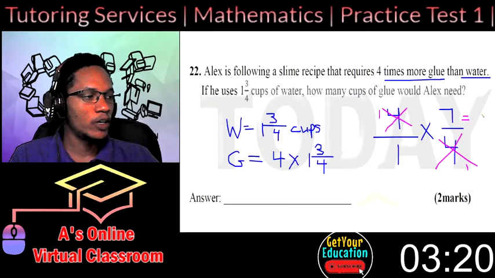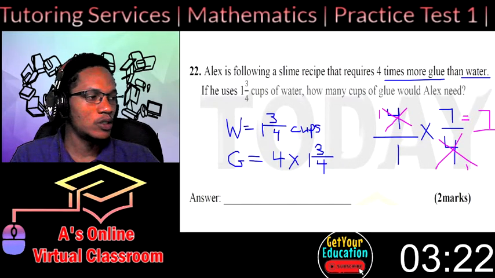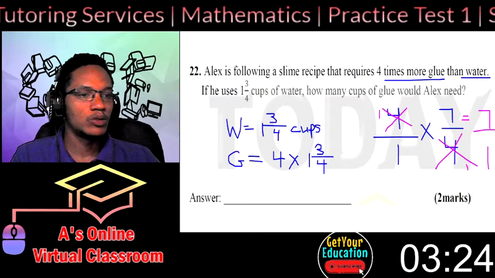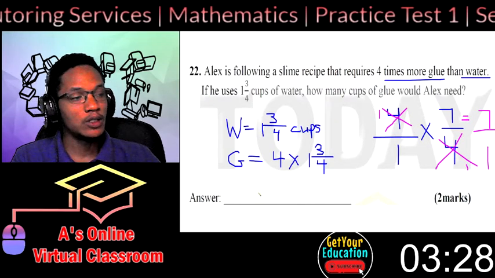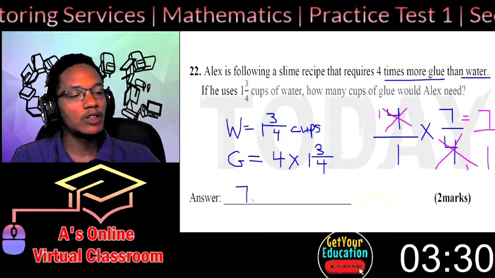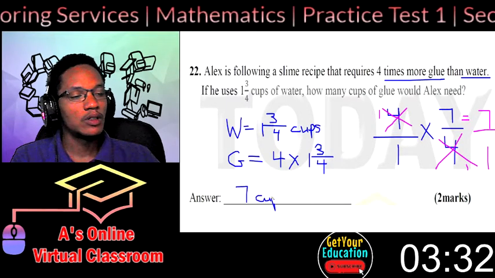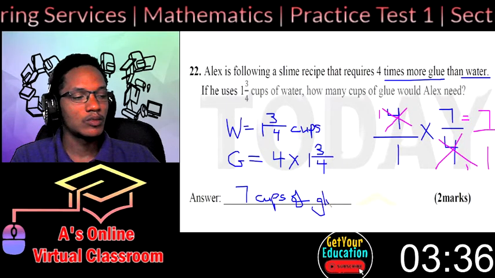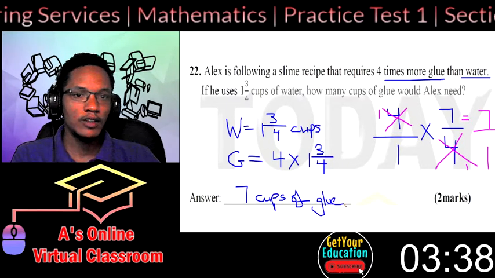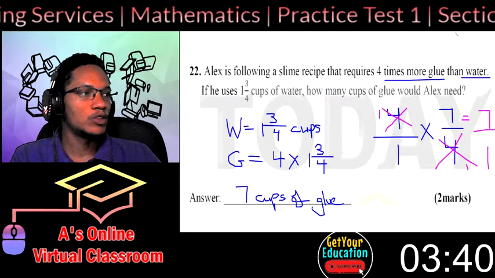And then we multiply across on top, 7 times 1 and 1 times 1 below. So if he's using 1 3/4 cups of water, he would need to use 7 cups of glue. Alright, that's 4 times the amount of water.